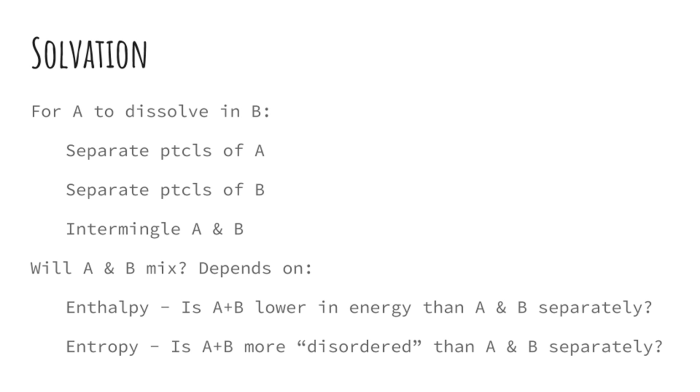It doesn't have that separation of charges the way water does. So you would have to stress the heck out of every particle of the oil in order to get it to move in among the particles of water. So that prefers not to happen. Even though entropy would say it would, enthalpy says, no, we hate each other, we're not going to mix.